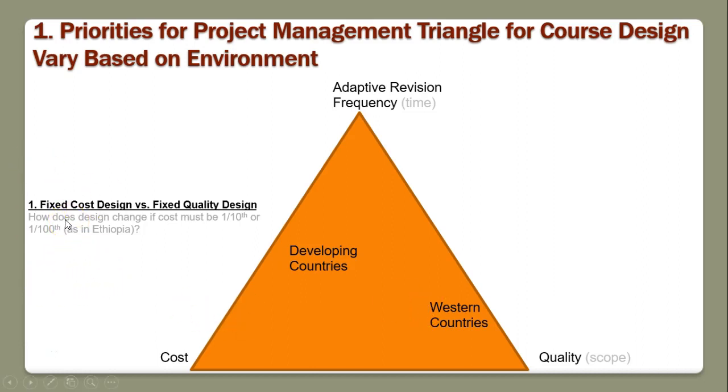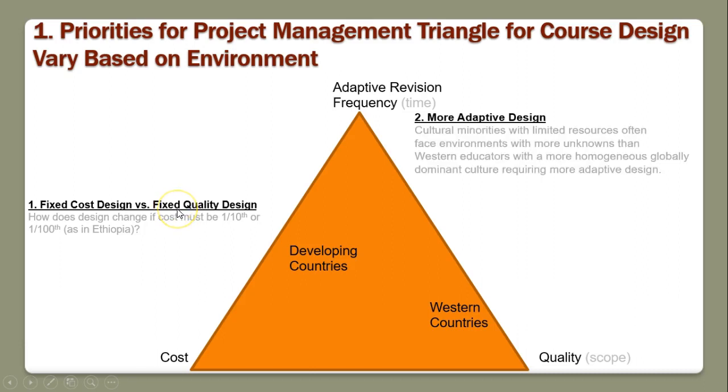So, do you start with fixed quality design, or do you start with a fixed cost design? In Ethiopia, you have to start with, how can I provide an education for $500? Whereas in the U.S., a lot of schools will say, how can I provide the best quality education? And then, okay, that's going to cost you $35,000.